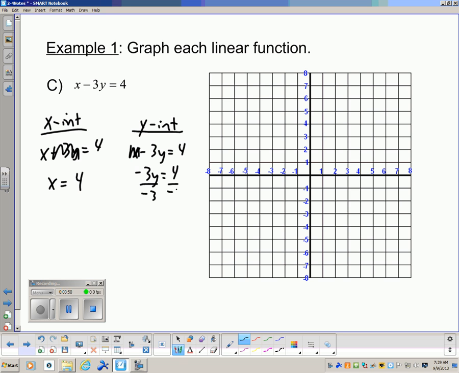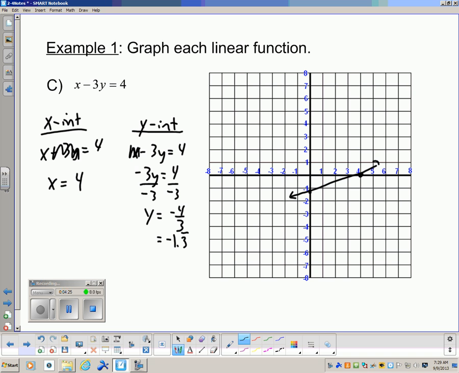Divide by negative 3, and y is negative 4/3. So now I can graph this out. My x-intercept, where it hits the x-axis, is there at 4. My y-intercept there is negative 4/3. And if I wrote that as a decimal, if I did negative 4 divided by 3 on my calculator, I'm going to get 1.3333. So that would be a negative 1 and 0.3. It's probably about right there. And connect those, and there it is.